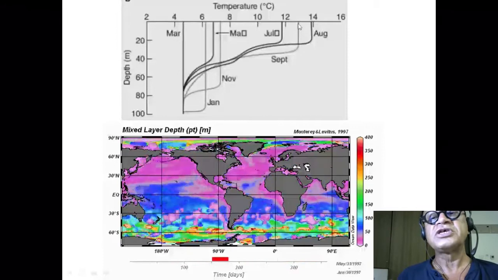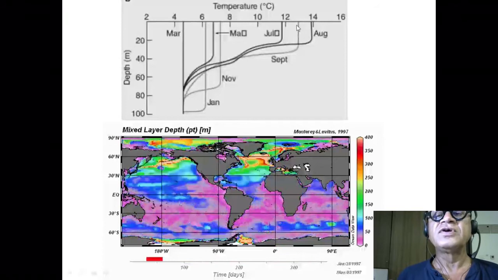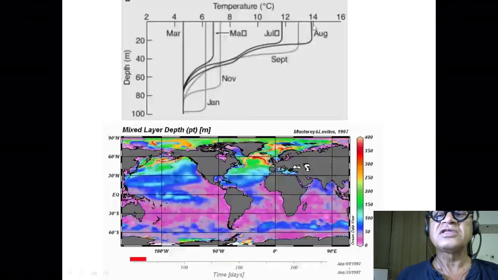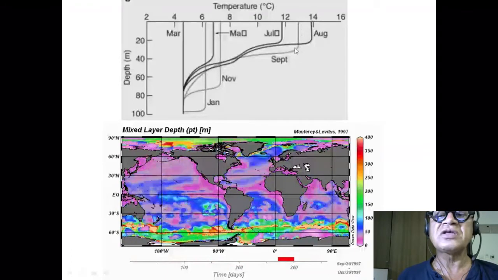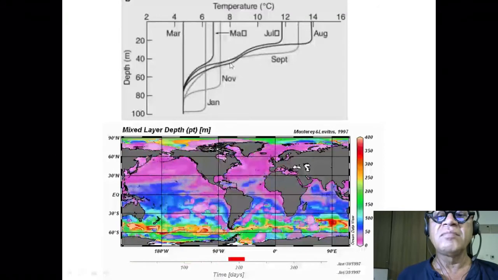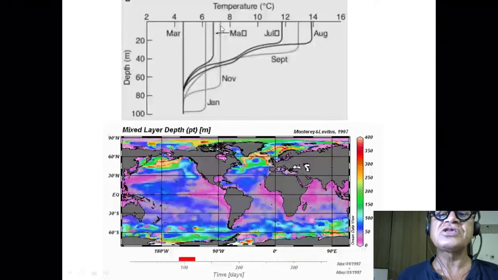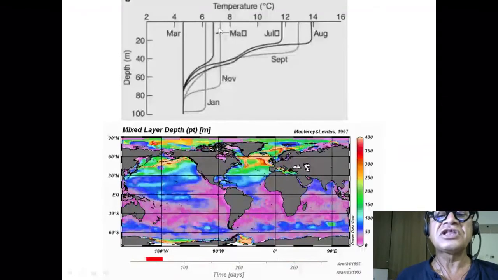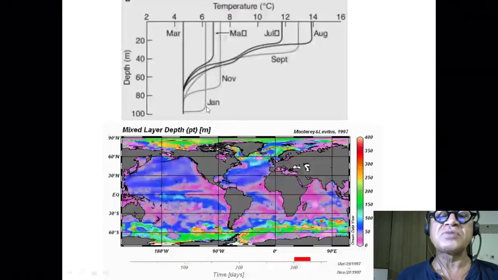So surface cooling begins, and by September you can see that the temperatures have cooled. The cooling has deepened the mixed layer, and the thermocline is still well defined, but the November cooling is much sharper. You have gone from about 13 degrees to about 7 degrees centigrade. The mixed layer has become much deeper, and you are headed back to the winter mixed layer.